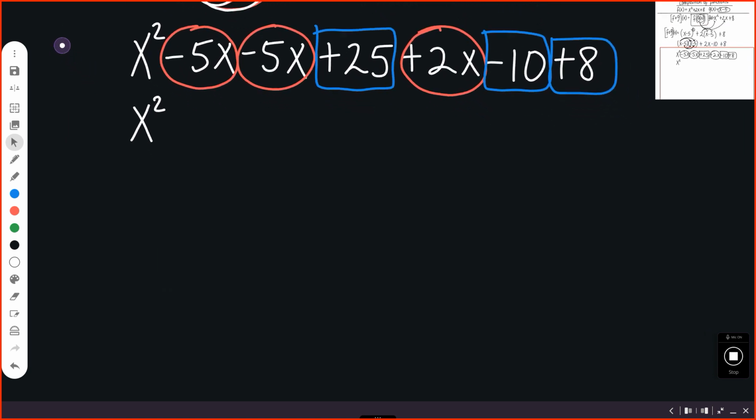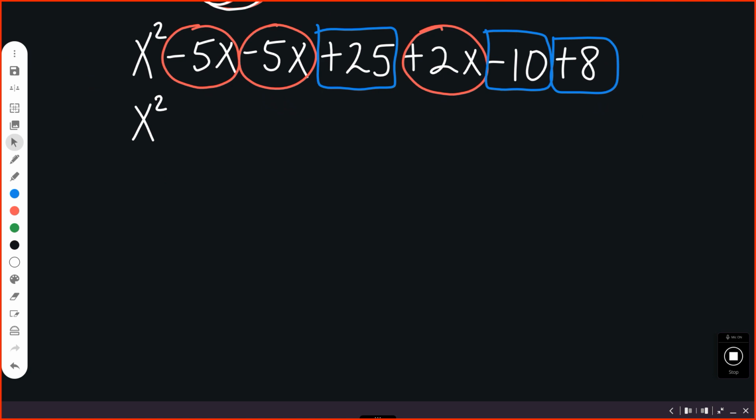Now I can combine these two here, negative 5x minus 5x is going to be negative 10x, or minus 10x. They both mean the same thing. Then let's write this 2x, the last like term here, right next to it.